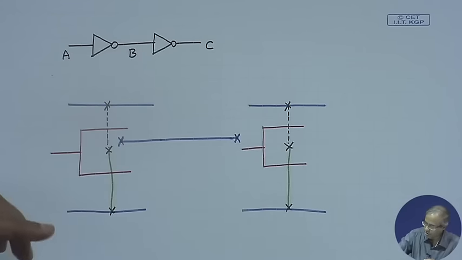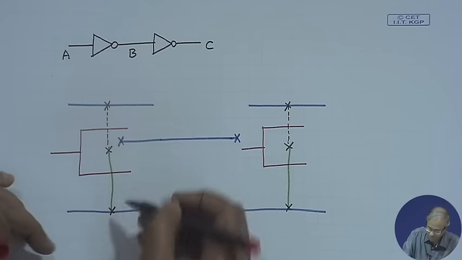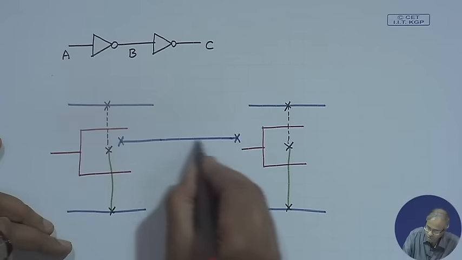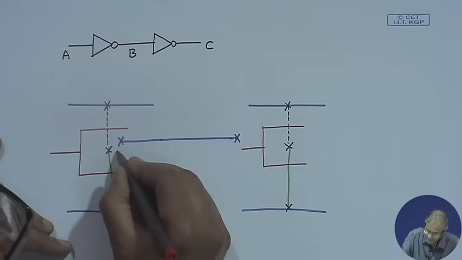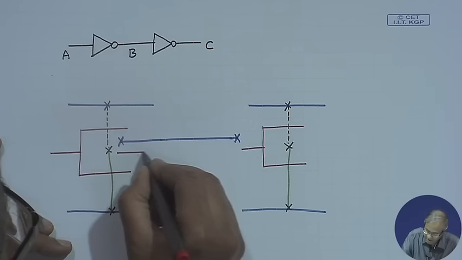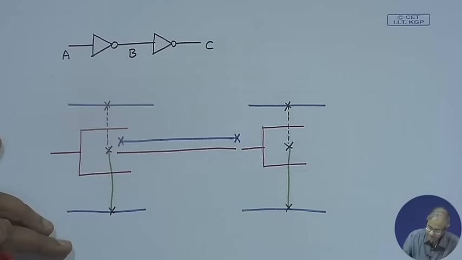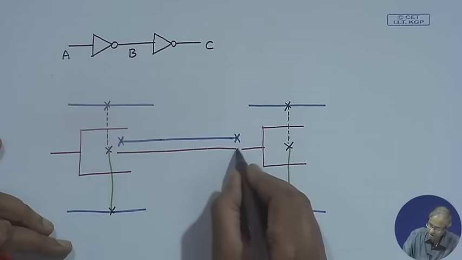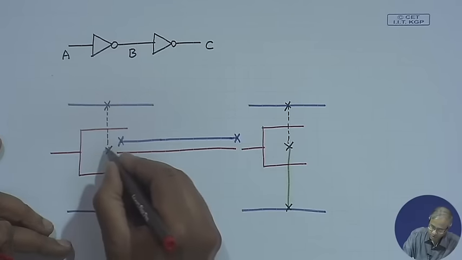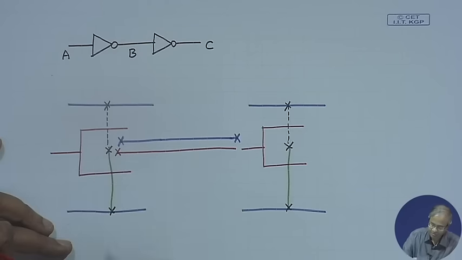Now, the other alternative, I am showing it just one below the other, is that you do not draw this line on metal at all, and directly use a polysilicon line. If you do that, on one side you do not need any contact, it is already in polysilicon. So, only on this side you need a contact between polysilicon and diffusion.